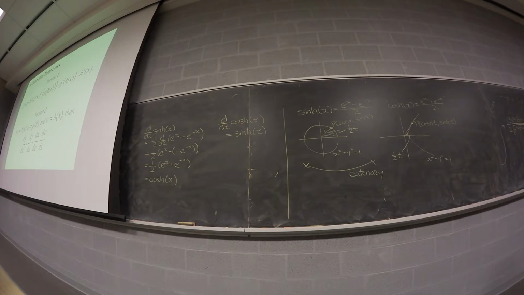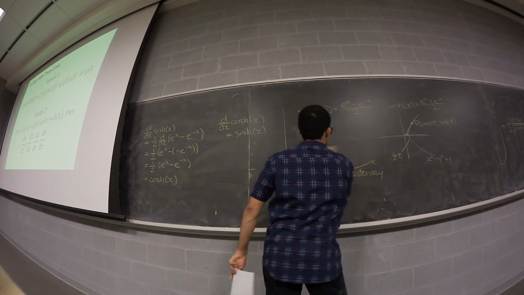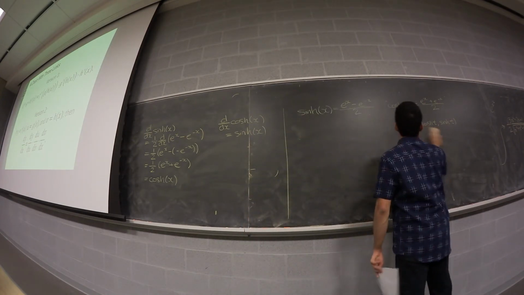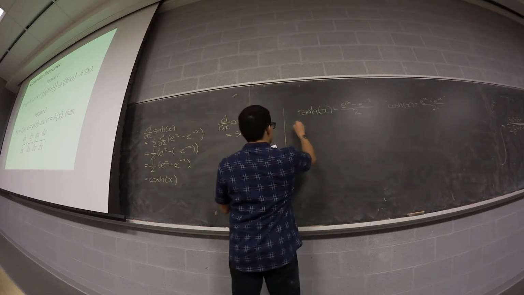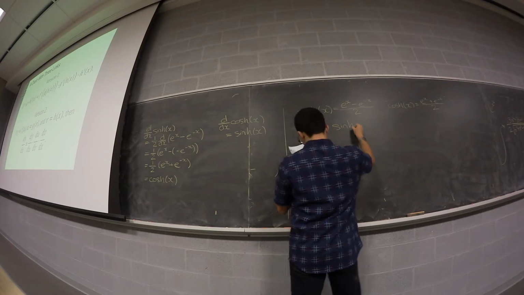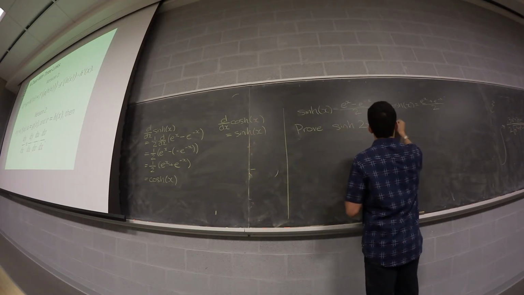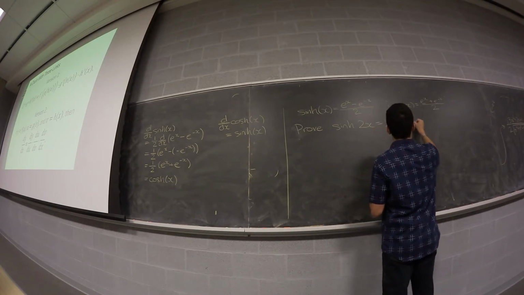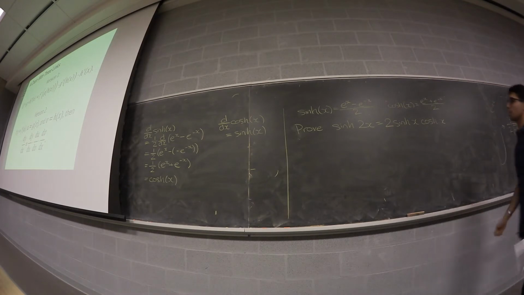Okay, let's do an identity. Let's do this one. Prove to me sinh 2x is equal to, hey, guess what? 2 sinh x cosh x, which is familiar.